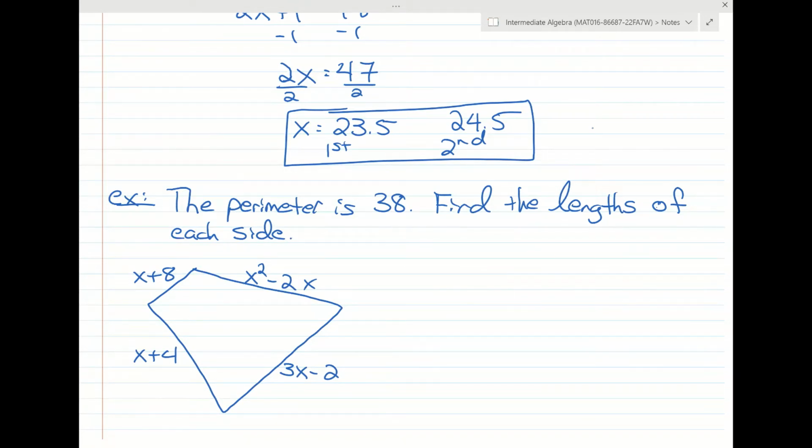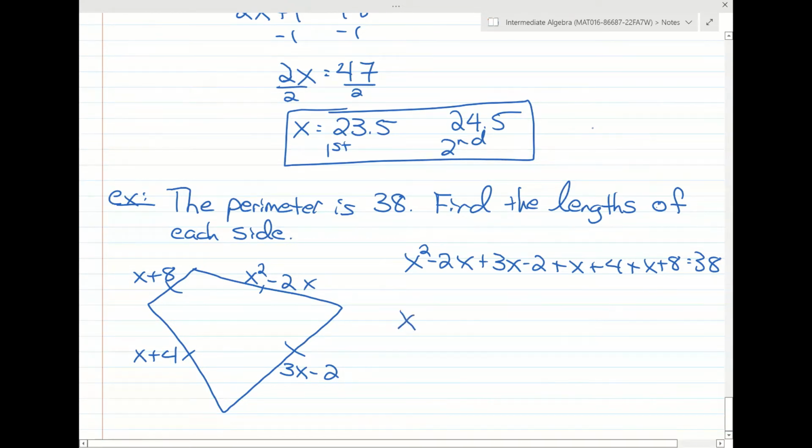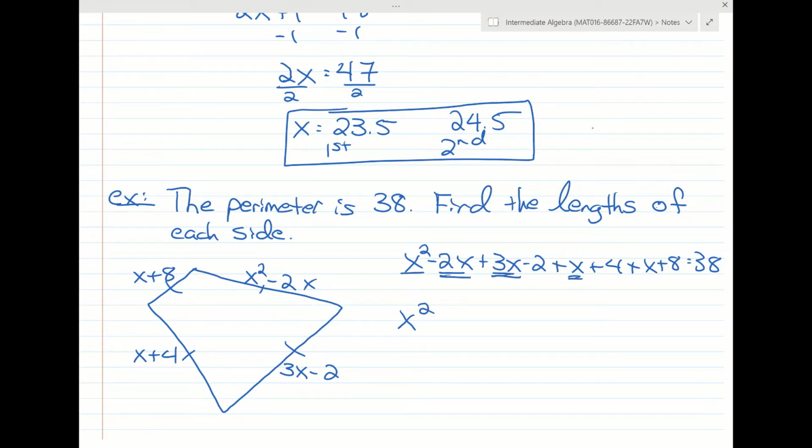Well, if we know the perimeter is 38, perimeter just means we add up all the sides. We're going to do x squared minus 2x, this side, plus this side, plus this side, plus this side. And that's 38. Combine our like terms, so we just have 1x squared, but it looks like we have 1, 2, 3, 4 x's.